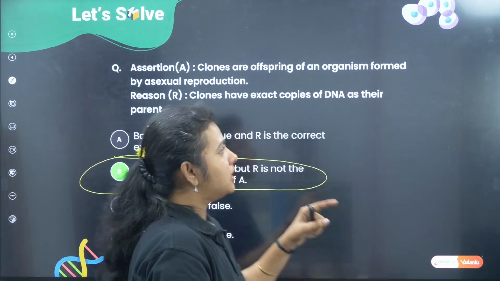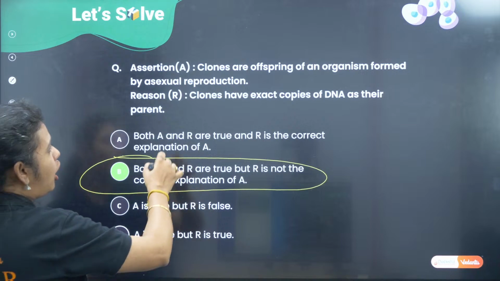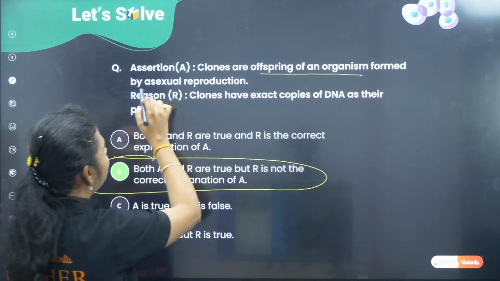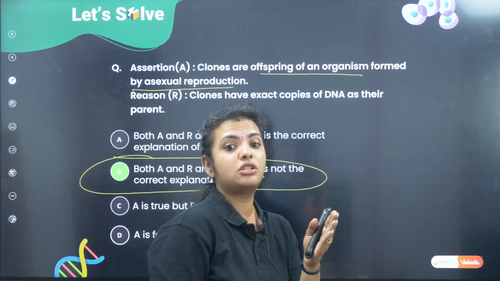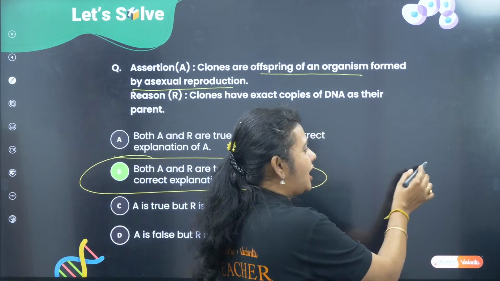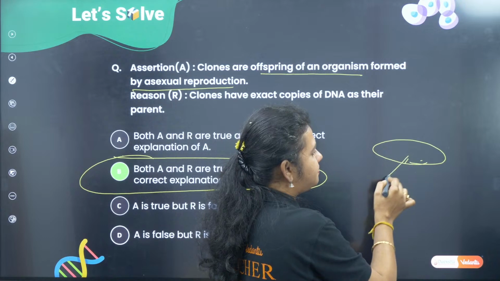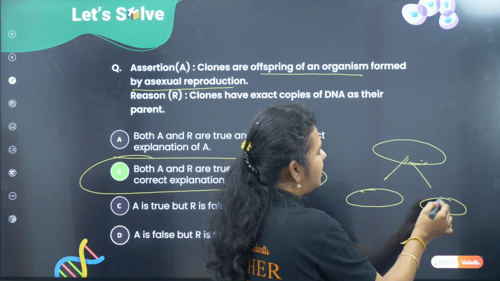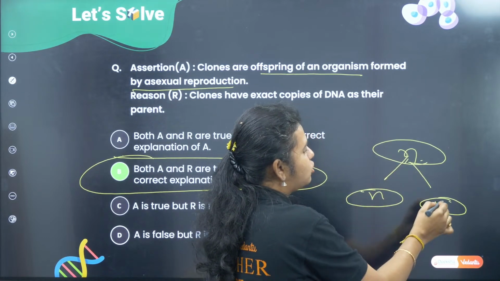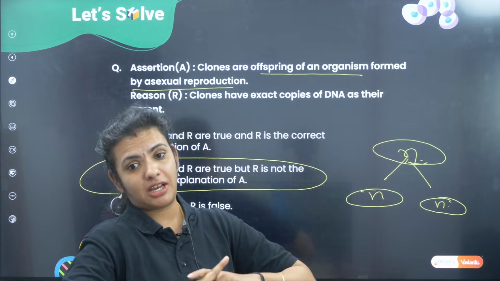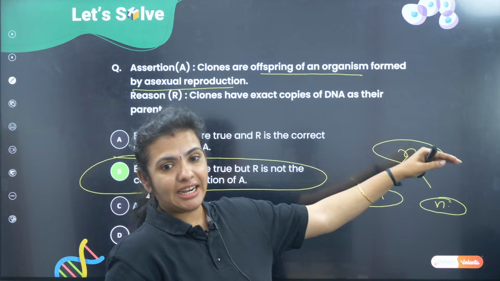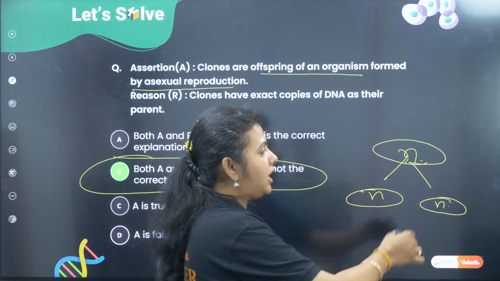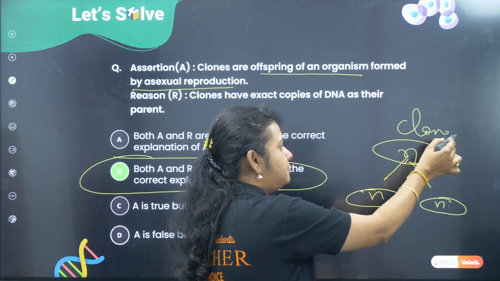So look at the assertion. Assertion says clones are offsprings of an organism formed by asexual reproduction. Let's say an organism undergoes asexual reproduction. For example, I said binary fission. So this is a parent cell, this is the daughter cell. It is going to undergo mitosis to give rise to copies or daughter cells which are exactly identical to their parent. Okay. So I call it a clone.